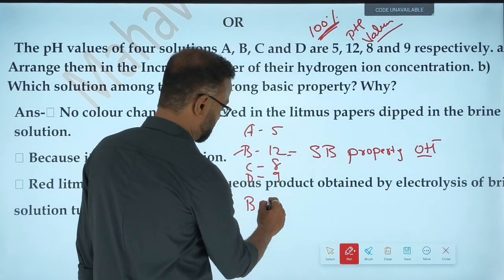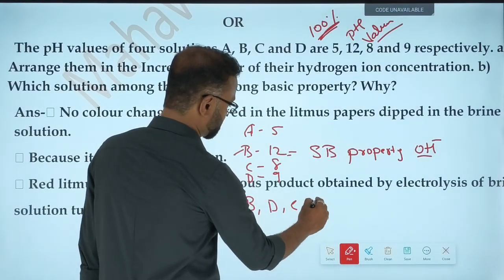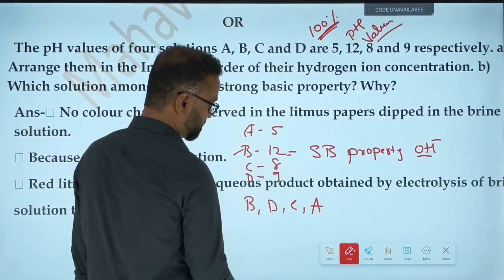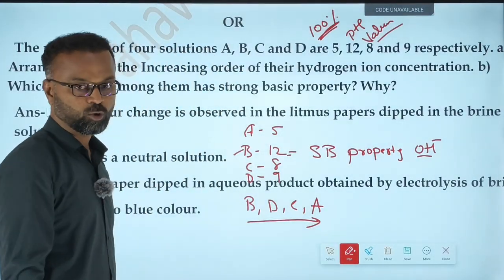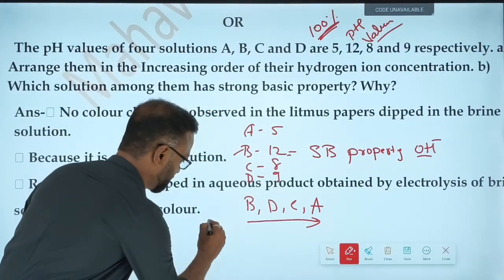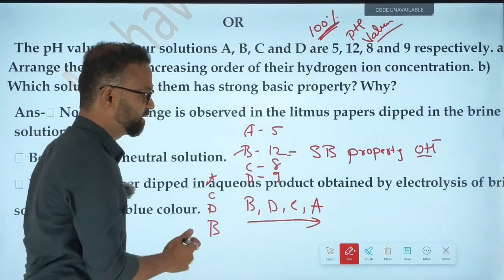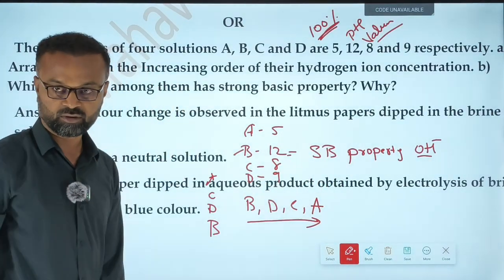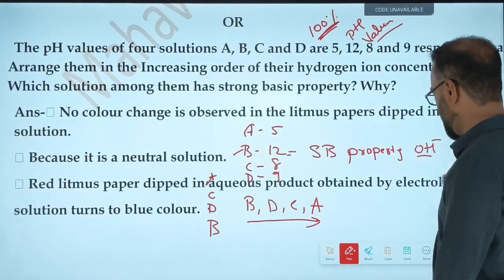Then comes D, then comes C, then comes A. This is the increasing order of their H plus ion concentration. Don't write like this, increasing order, B, D, C and all. Like this you should write, increasing order. Yes or no? Yes? Clear this question? Very simple, right? Yes, they are very simple.